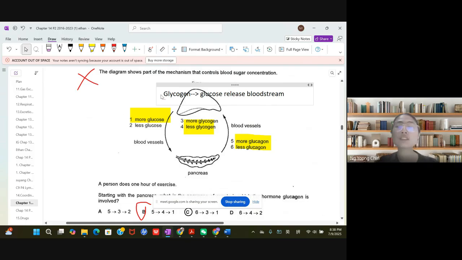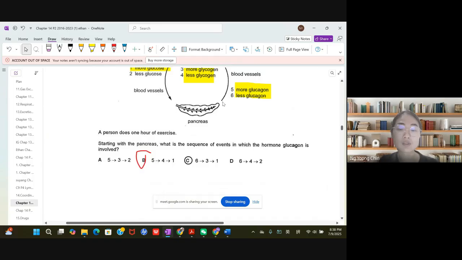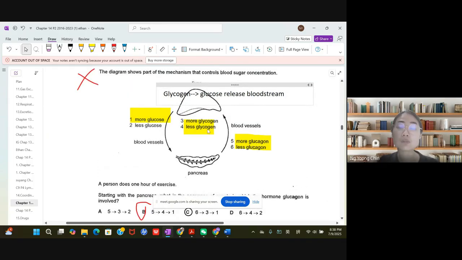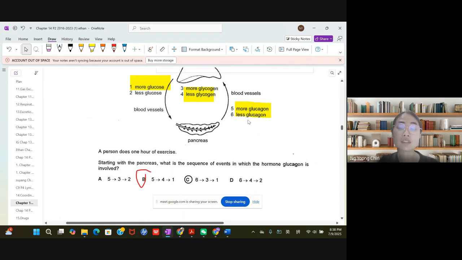So you're able to increase the blood glucose concentration, and increase the glucose supply to the muscle, so they can do more aerobic respiration. So that is the point. This is due to the effect of glucagon. So more glucagon will be secreted in order to supply your muscles with glucose.